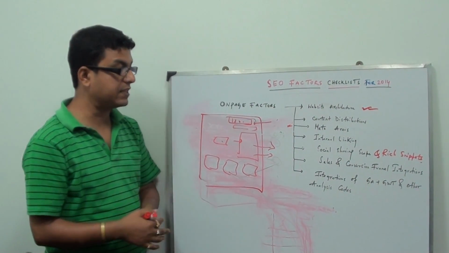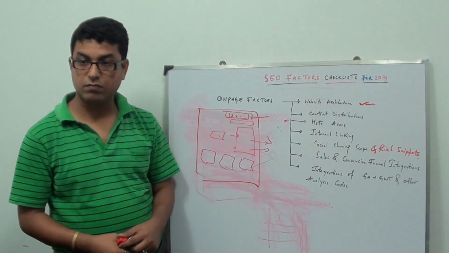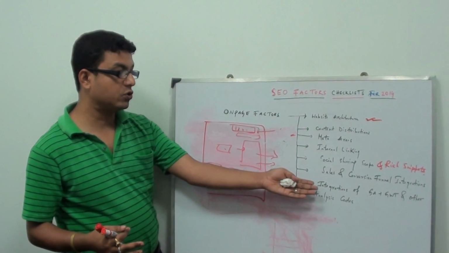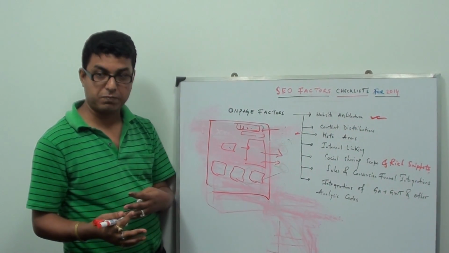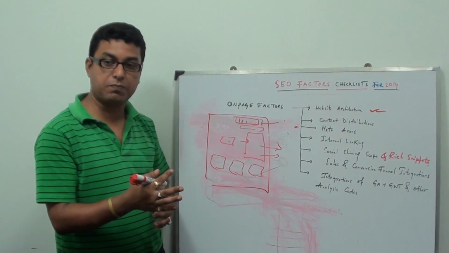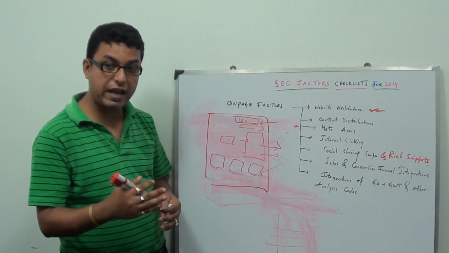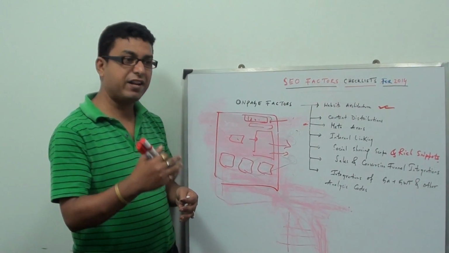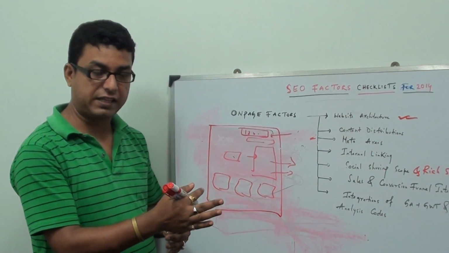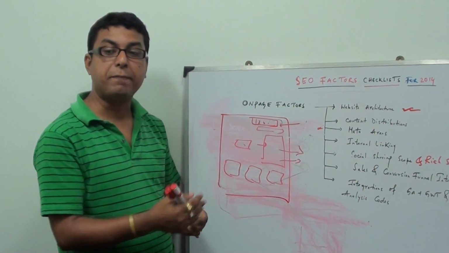You can get that from the Google Analytics reports. It is also a good tool for analysis. You can analyze how your website is performing for your users, and you can tune the factors where you think you can improve and get better results.